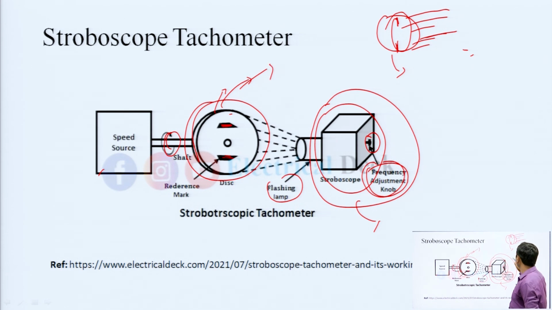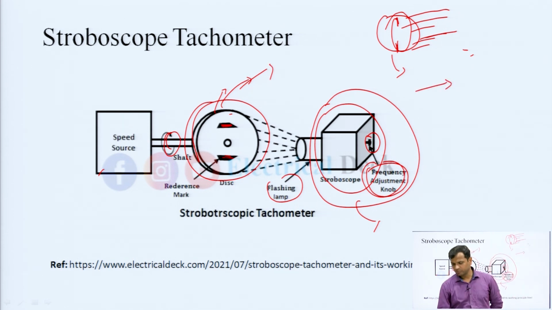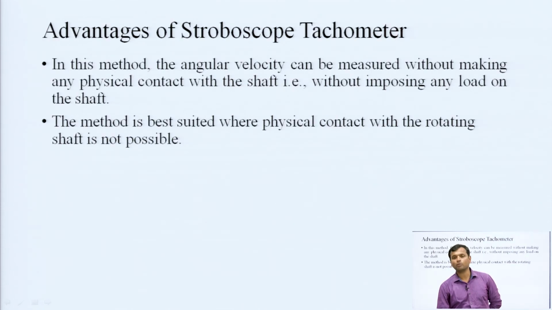So the speed of rotation is proportional to the frequency. That is the basic arrangement of the stroboscope tachometer.